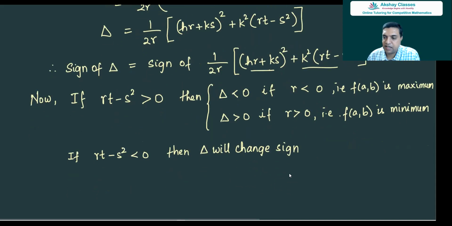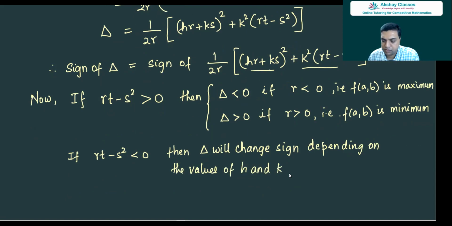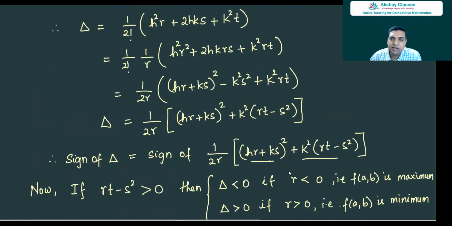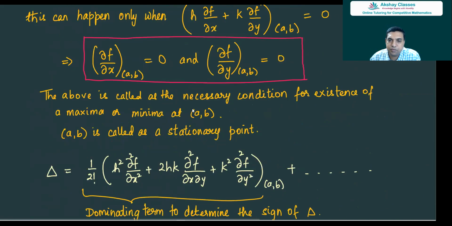Delta will change sign depending on the values of H and K. Thus, already we know the first derivatives are 0.